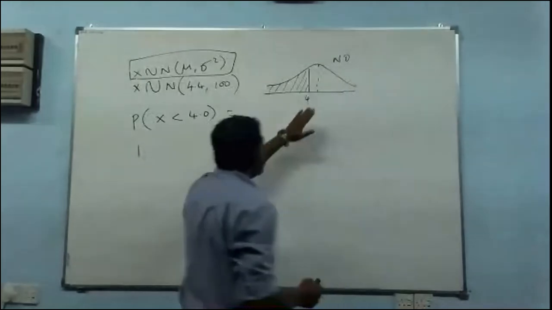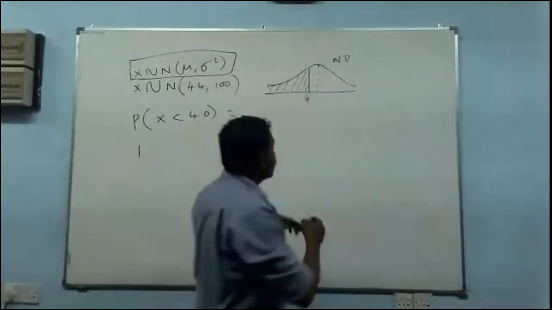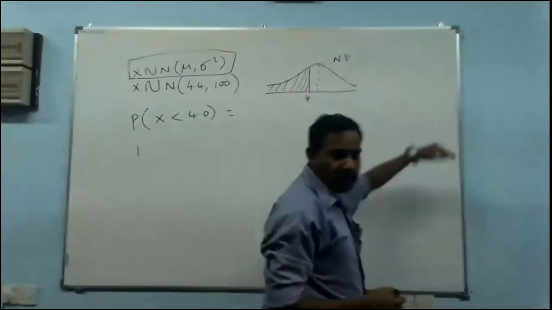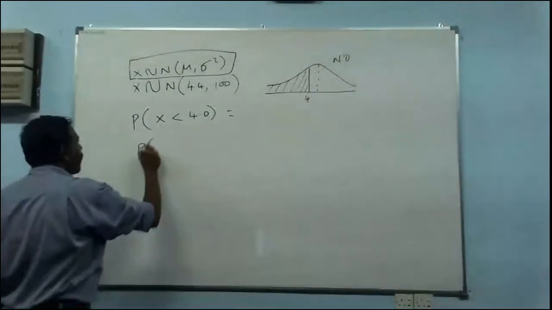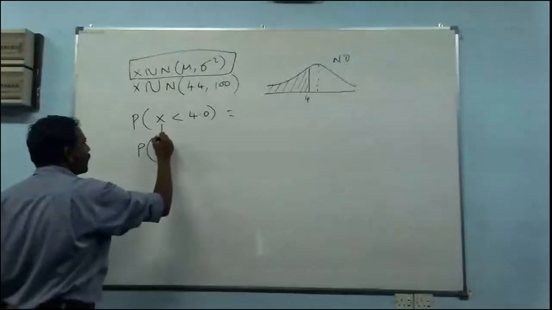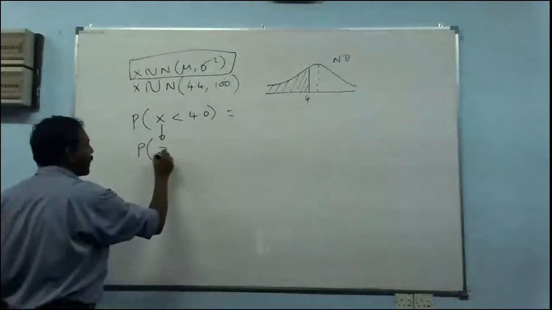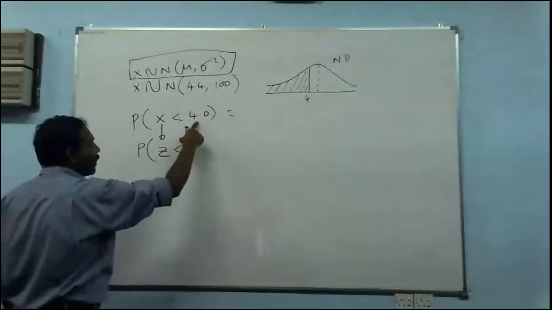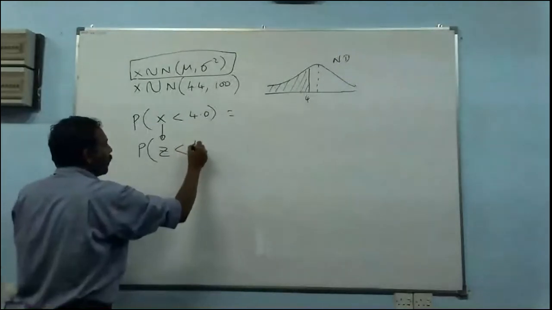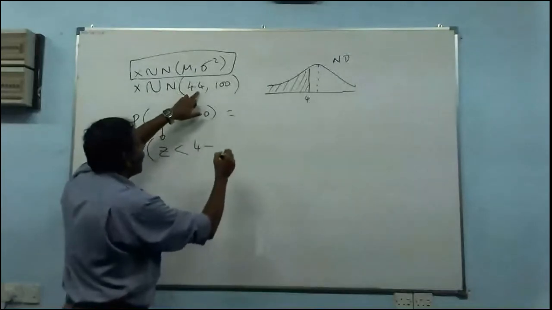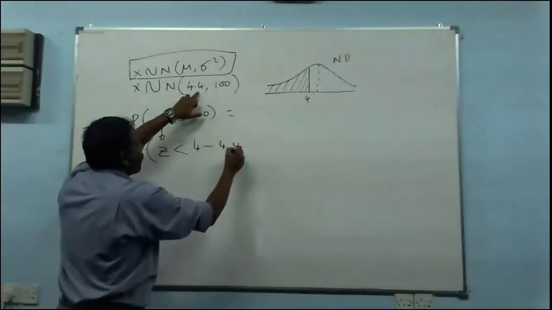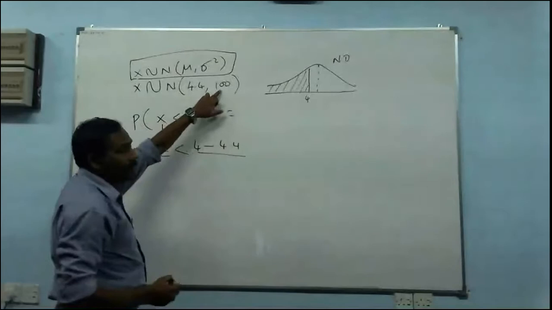So the answer is, first, normal distribution. We will have to convert this into standard normal distribution. So in the conversion, we can say probability of Z, when you convert this X, this becomes Z less than, 4 is the value minus your mean value 4.4, divided by sigma.